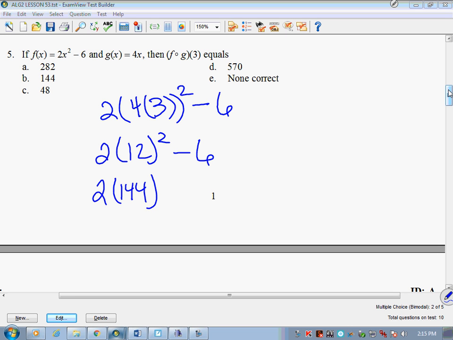Okay, be careful you're not multiplying 12 times 2. Okay, what's 2 times 144? 288. Minus 6. 282. Okay, 282. A is our answer.